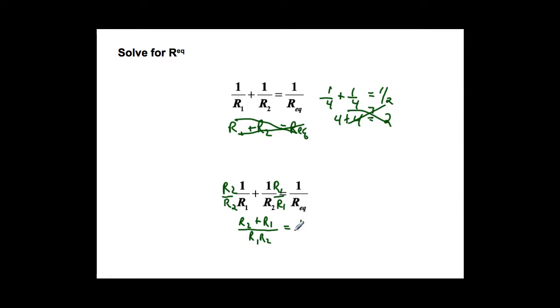And 1 equals 1 over r equivalent. Now, I can think of this as one term, and in your mind's eye, you can just move terms diagonally. Essentially what I'm doing is now I'm just flipping both terms, and what I would get is that r equivalent is going to be equal to r1 r2 over r1 plus r2.